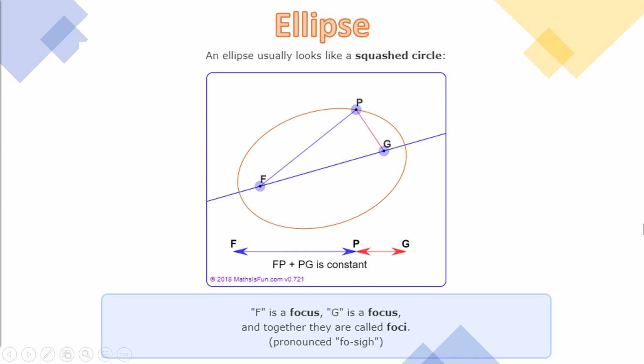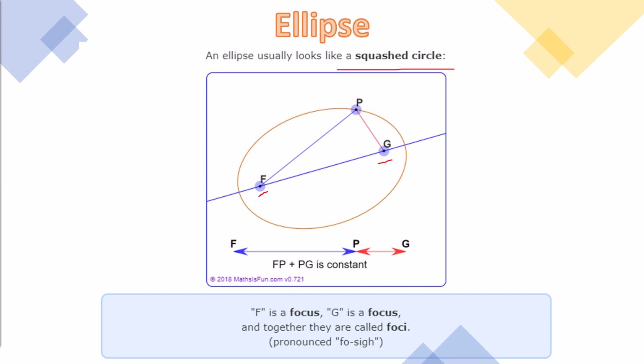So let's first talk about the definitions of an ellipse, everything that goes along with an ellipse. It looks usually like a squashed circle. F and G are called the foci.